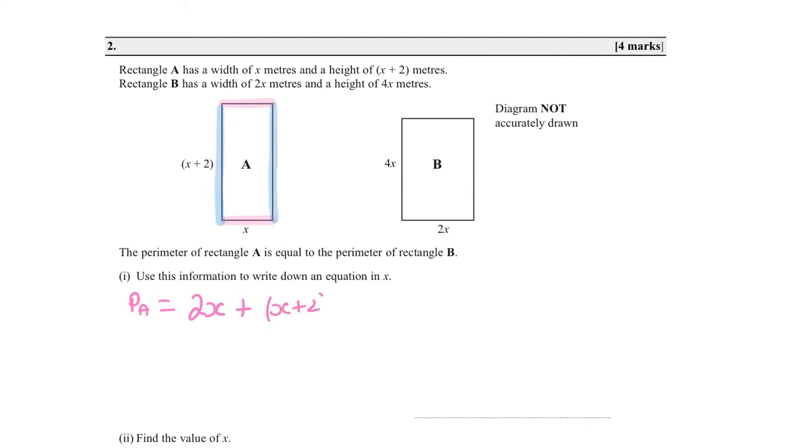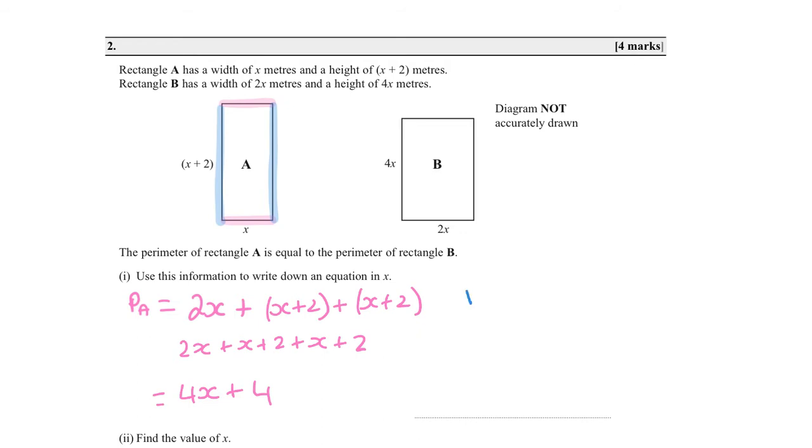Plus x plus 2 plus x plus 2. Okay, I can now see I can simplify this. I'm going to simplify it. I have 2x plus x plus 2 plus x plus 2, which is 4x plus 4. Okay, so the perimeter of A is 4x plus 4.